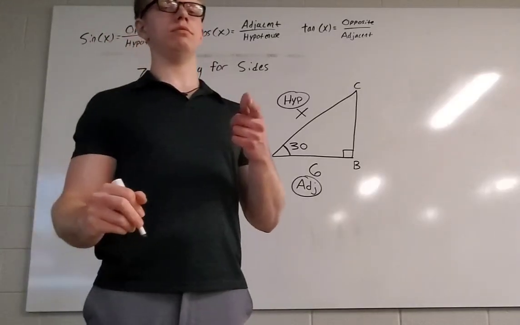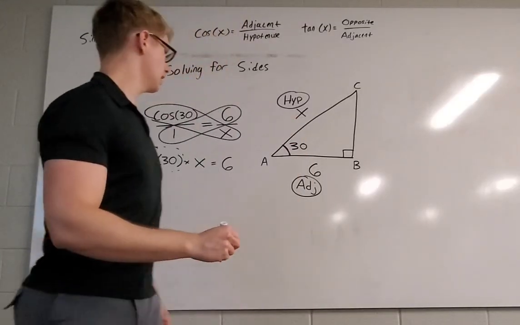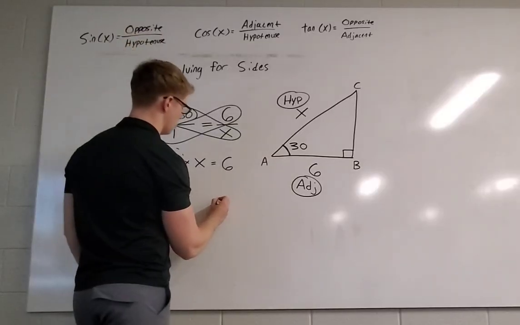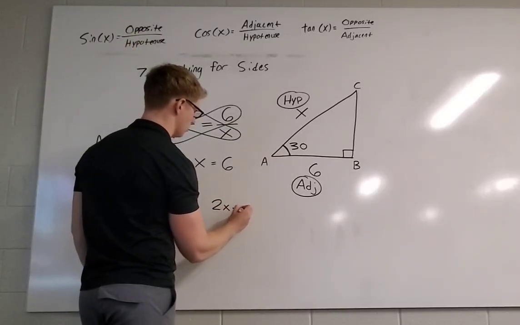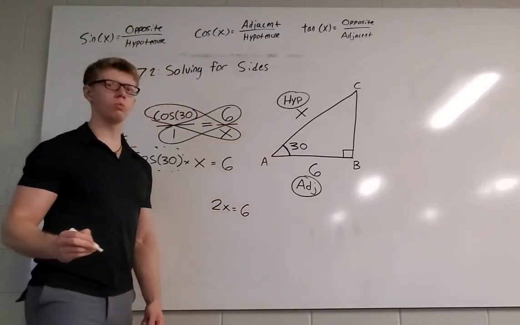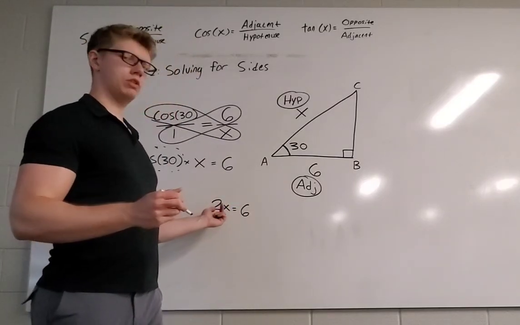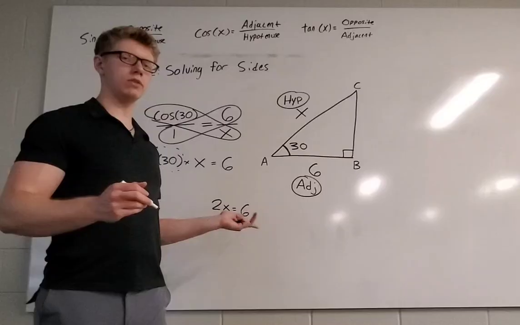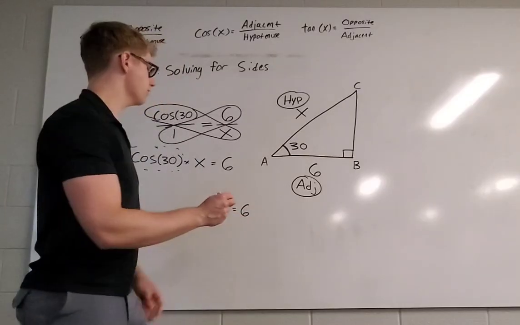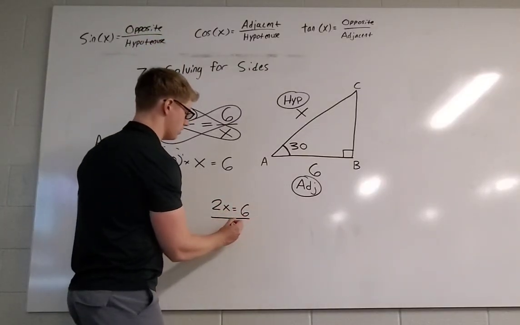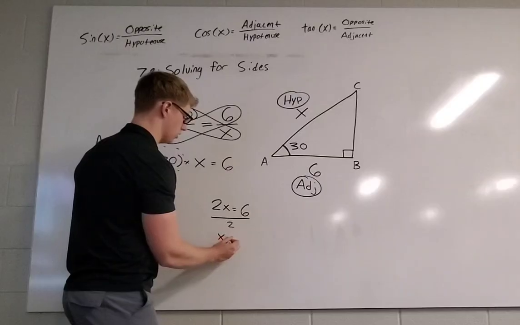Now, another little detour. If I told you that 2x is equal to 6, what do we have to do to get x by itself? Well, this 2 is being multiplied to x, right? And we have to do inverse operations. So we should divide both sides by 2, and we would get x is equal to 3.